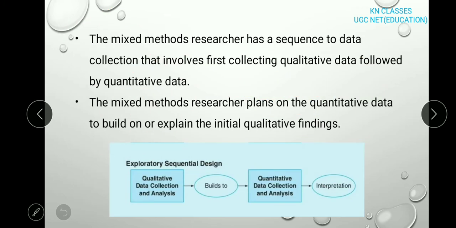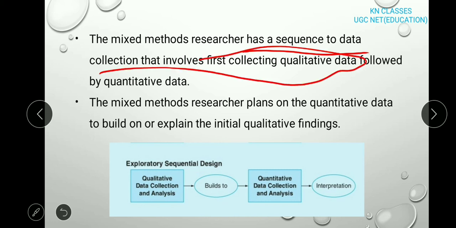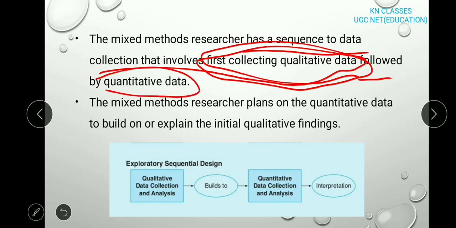The mixed method researcher has a sequence to data collection that involves first collecting qualitative data. Here the sequence is that first qualitative data is collected, and it will be followed by quantitative data.